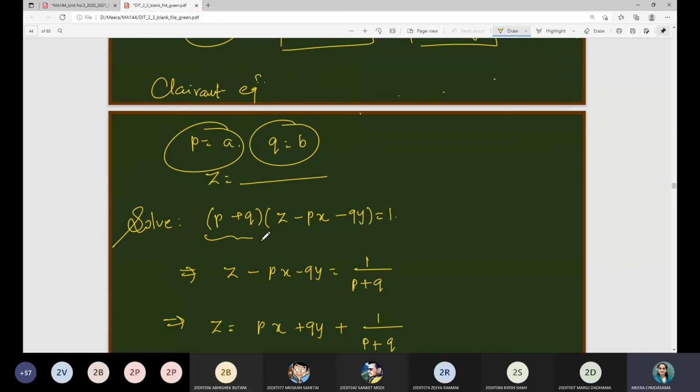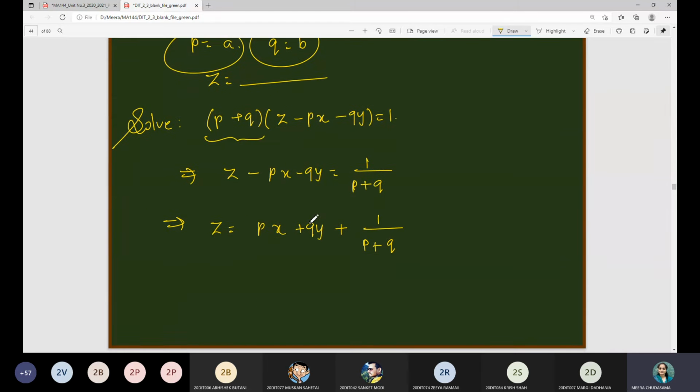I have just shifted this factor to the right hand side in the first step and then taken the other quantities to the right hand side. That is the given expression we have, and this is of the form, suppose I call this 1, z is equal to px plus qy plus f of p comma q.